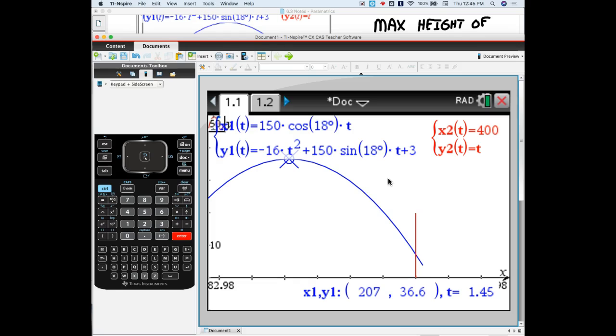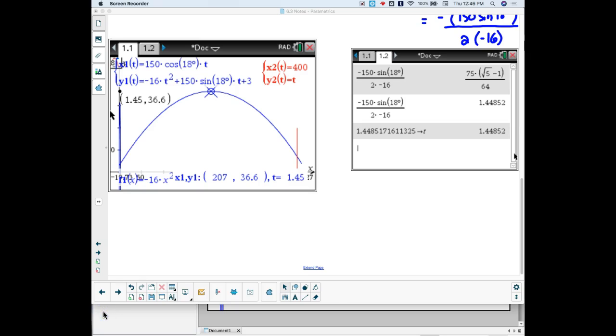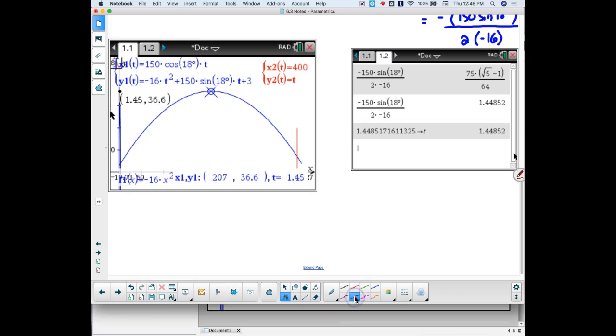So at t seconds, which is the maximum, where I'm at my maximum, I'm 207 feet from where I made contact with the ball, and I'm 36.6 feet in the air. And both of those match up.